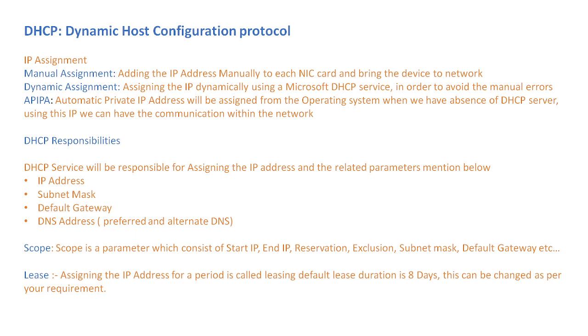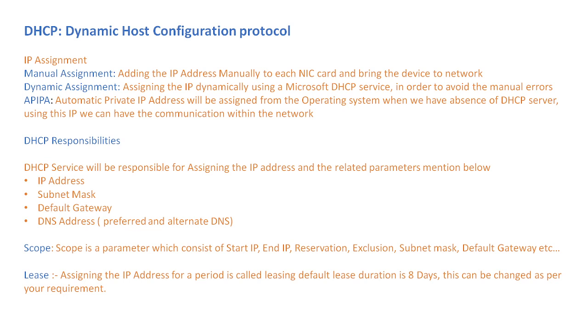Then we have an option called scope. Scope is a parameter which consists of the start IP, end IP, reservation, exclusion, subnet mask, and default gateway. Whenever DHCP assigns an IP address, it assigns it for a particular period of time.